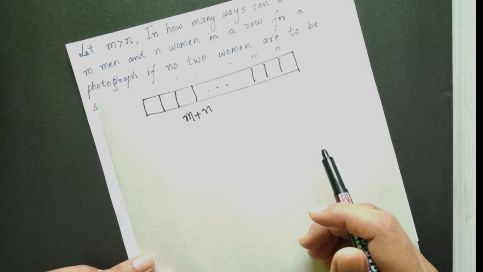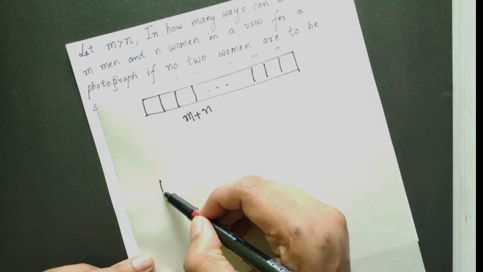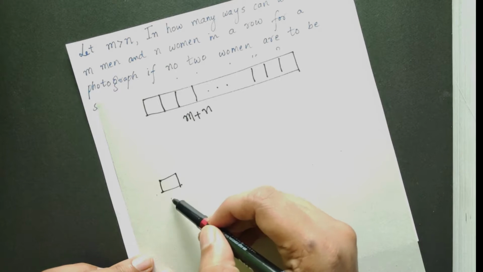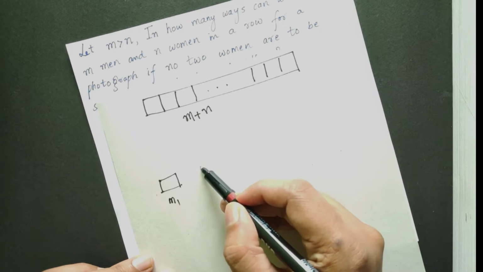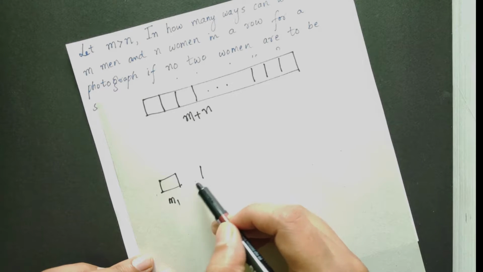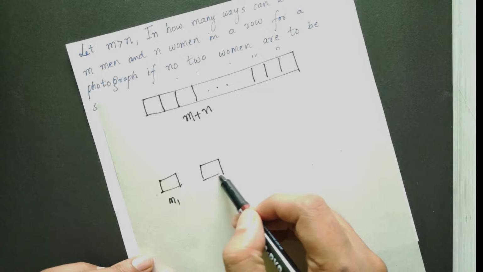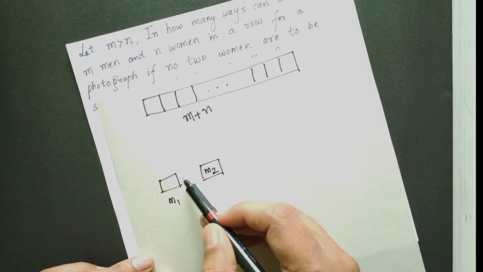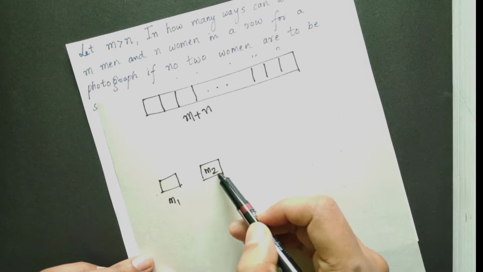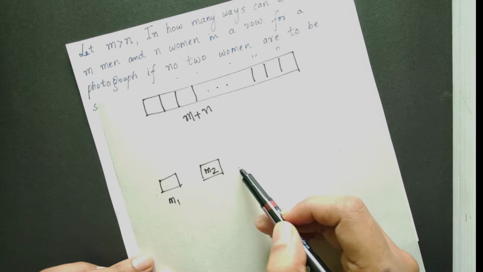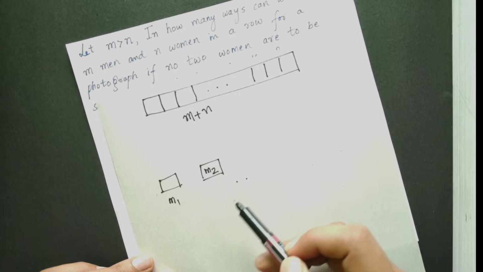Suppose the first man, m1, comes. Then I want m2 to leave a space for one chair and occupy the second position. So in that way I want them to sit.